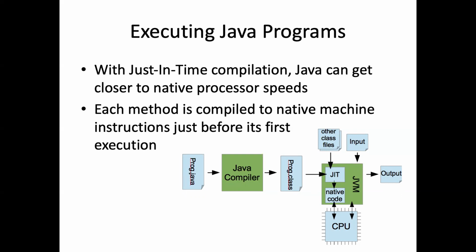They just do this the first time the method is executed, and then if you call the same method 100 times, you only have to do that once. Since that's compiled down to code for the native CPU, it's going to run a lot faster after you've done that just-in-time compilation. So this makes Java bytecode a lot faster than it would be, at least if we had to emulate the bytecode every time we ran a method.